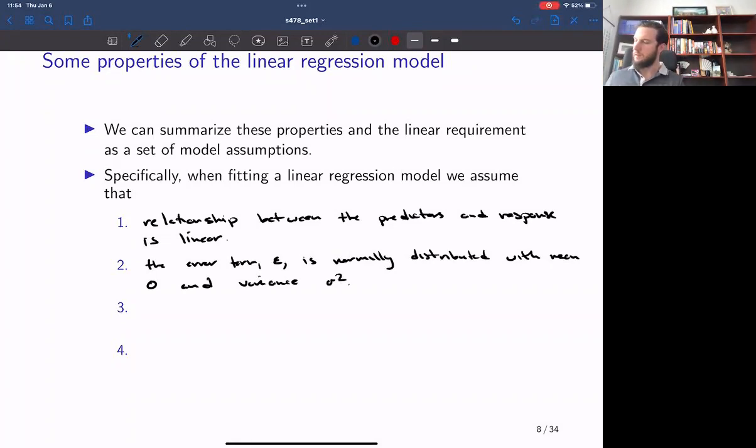Okay. Also, in the case of the MLR models, the errors are uncorrelated.